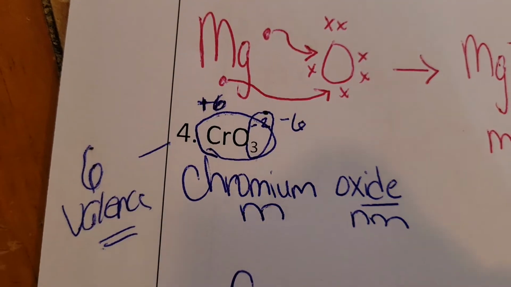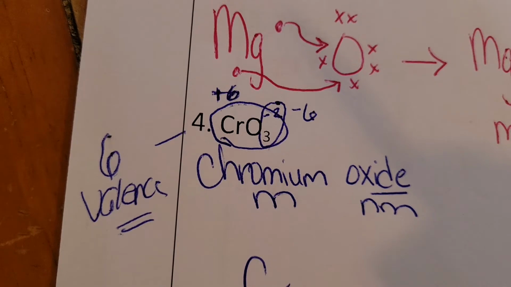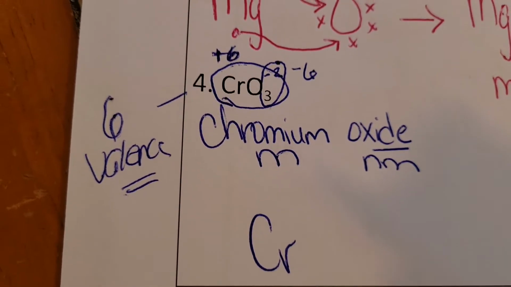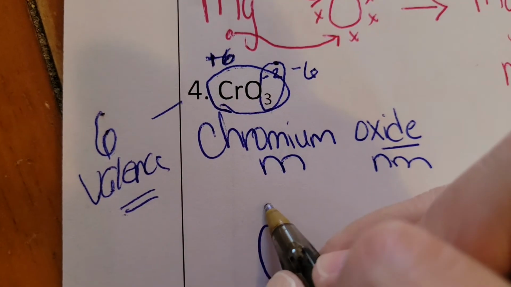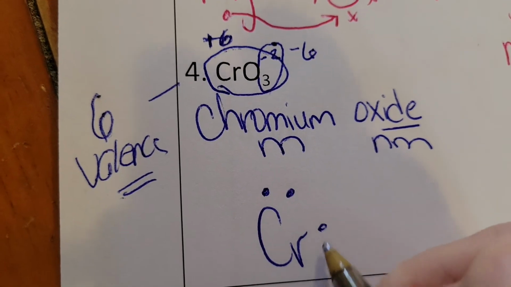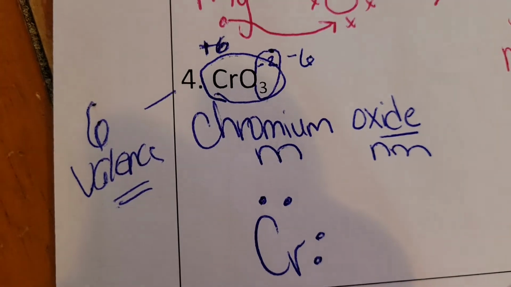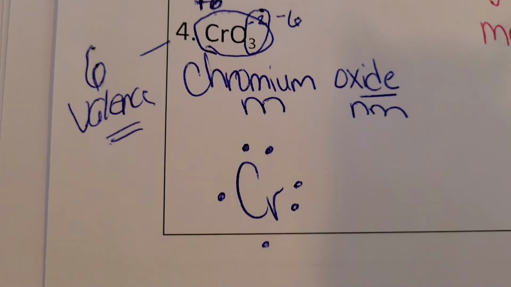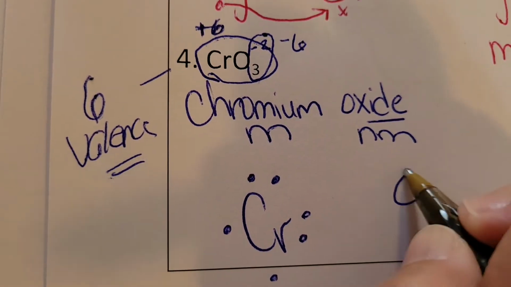So this is just a weird anomaly, and unfortunately sometimes the Regents likes to give you weird anomalies, so I wanted to make sure we did one. All right, so we have chromium with 6 valence electrons. So we've got chromium with 6, and then oddly enough, we have oxygen with 6.